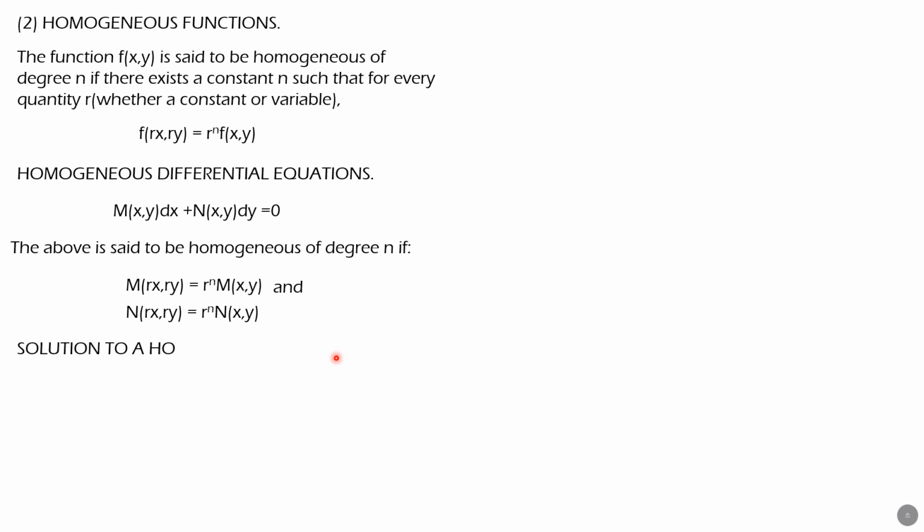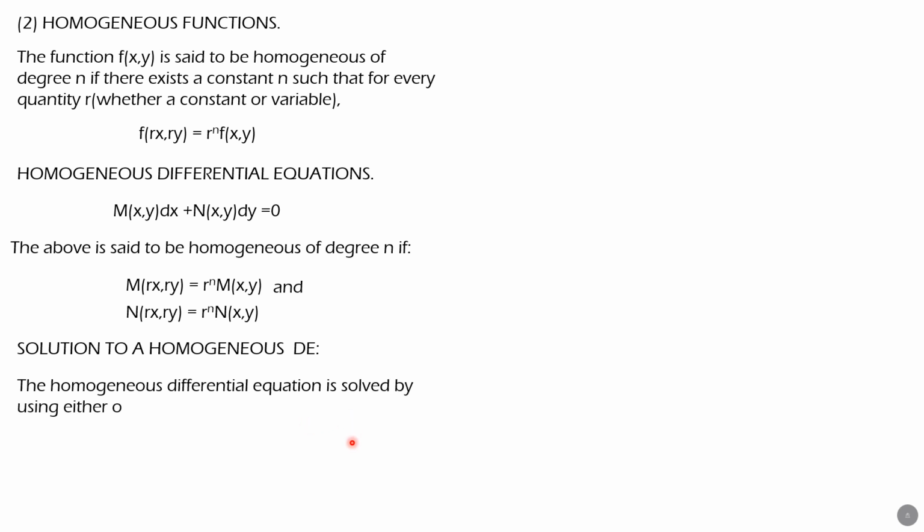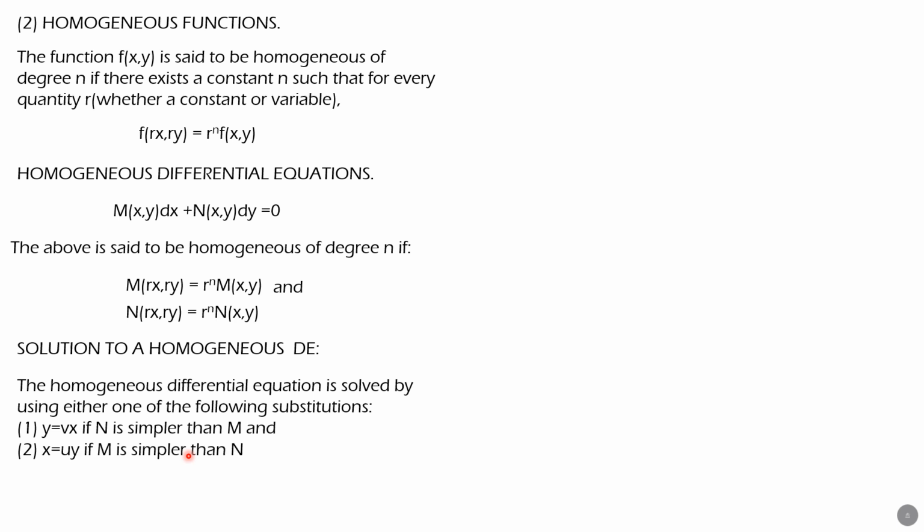We substitute y equals vx if N is simpler than M. I hope that you can remember your differential equations course. So we do the substitution y equals vx if N is simpler than M, and x equals uy if M is simpler than N.